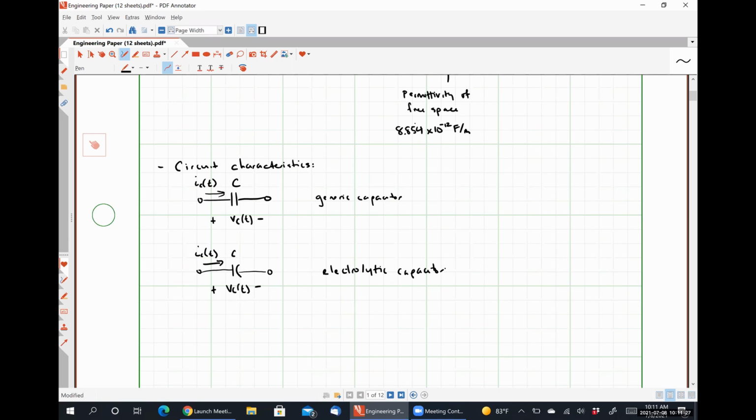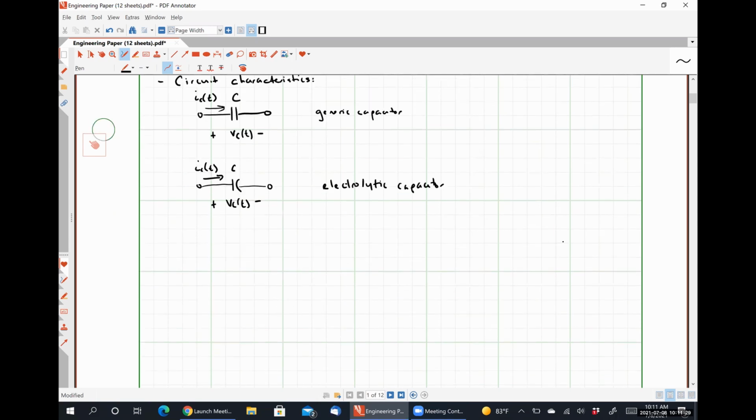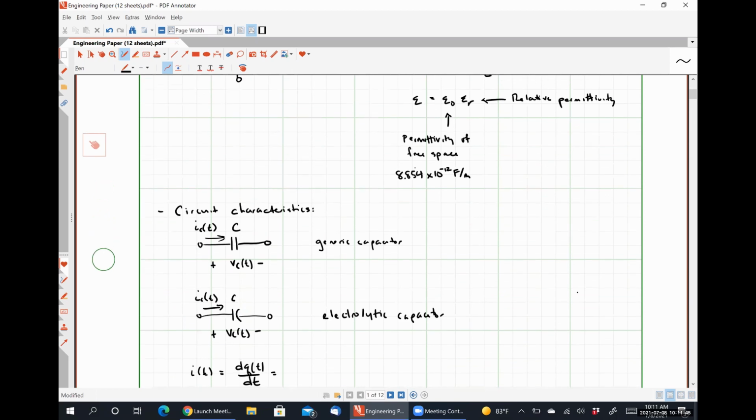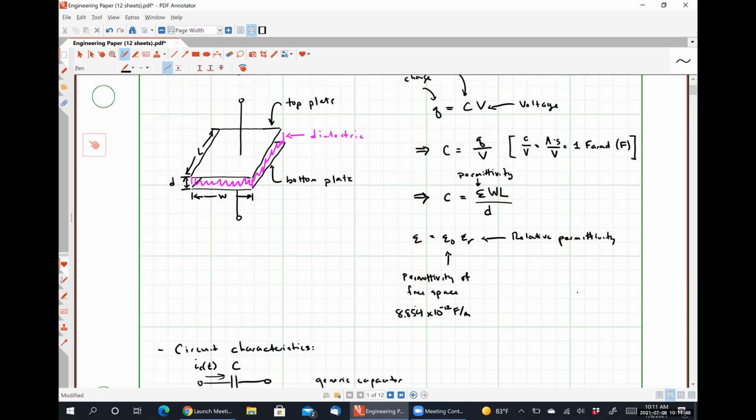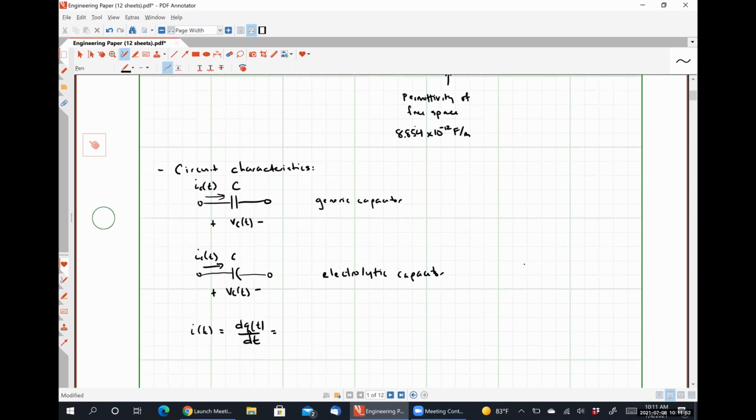Electrical current, you may recall, is defined as the derivative of charge with respect to time. So i(t) is equal to dq/dt. Well, we have an equation up here that relates charge to capacitance and voltage.